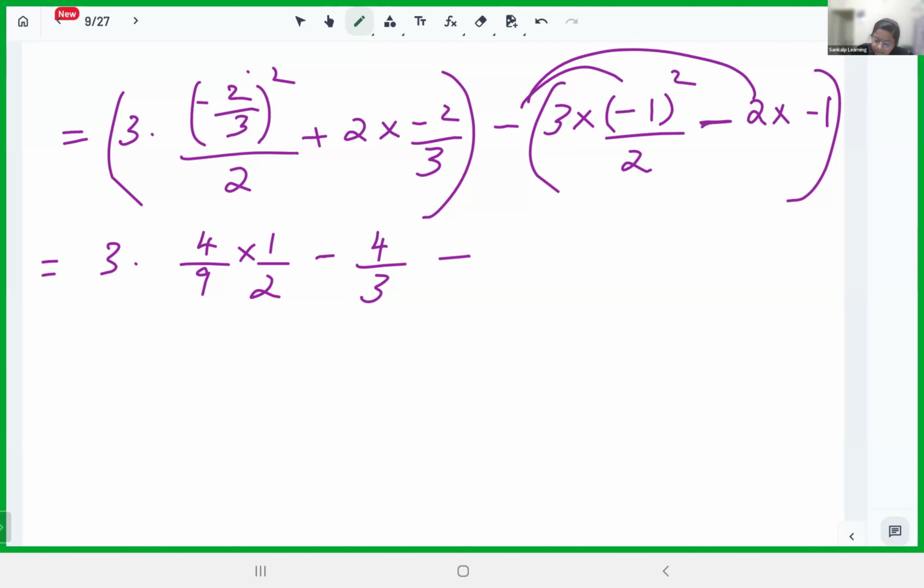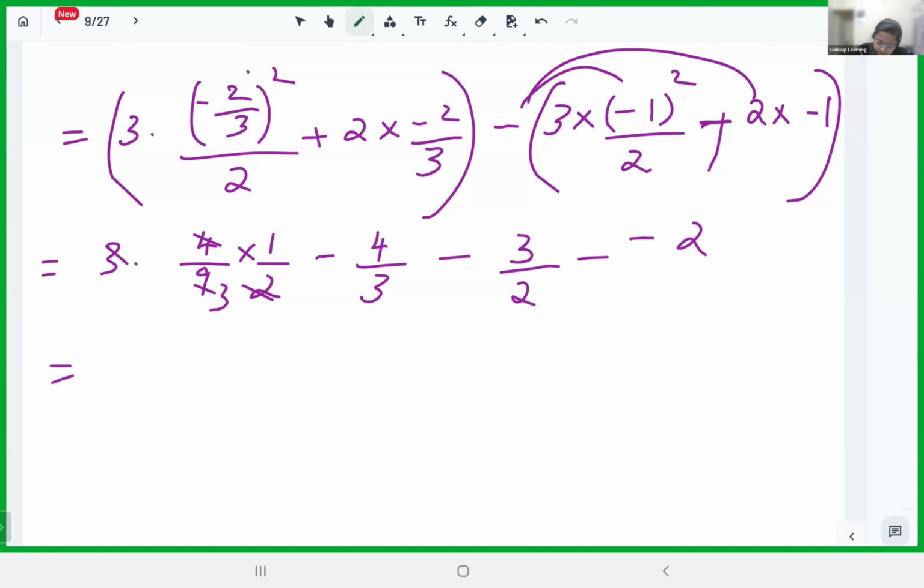So this is actually minus 3 into minus 1 the whole square is 1, so it is 3 by 2, then plus. I'm really sorry, that was actually plus. So the sign will change, and this will become minus 2.